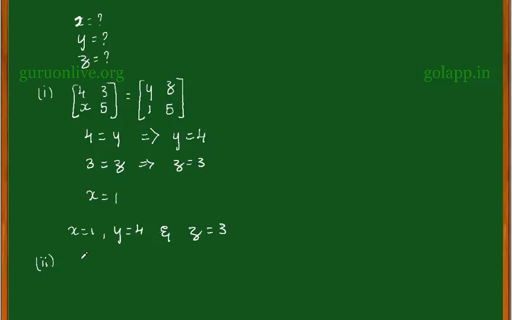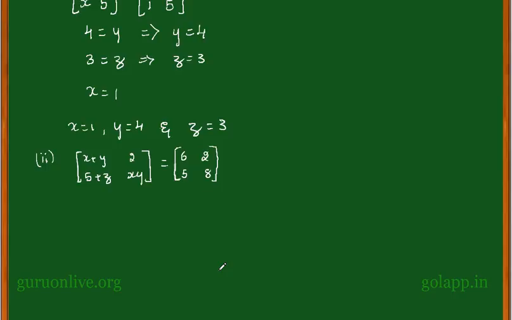And the second equation is [x plus y, 5; z, 2; xy] which is equal to [6, 2; 5, 8]. Again, the given equation is a 2 cross 2 matrix and also a square matrix.